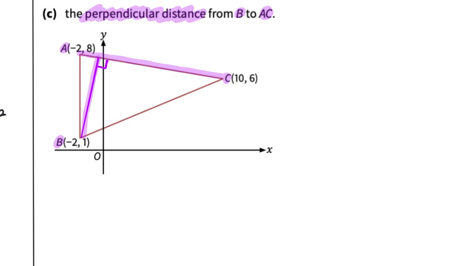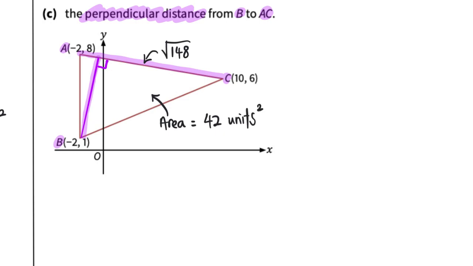And from part B, we actually got hold of the length for AC, which is square root 148. Notice I use square root 148 instead of 12.2 because I will want the most accurate answer for part C later on. And from part A, we also know that the area is equal to 42 units squared.